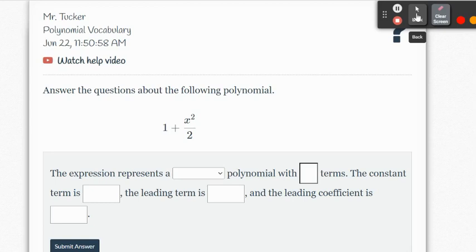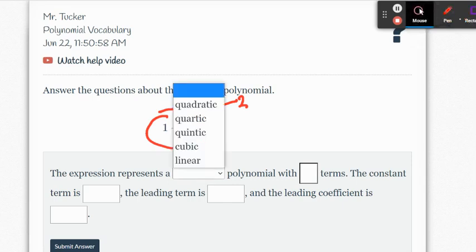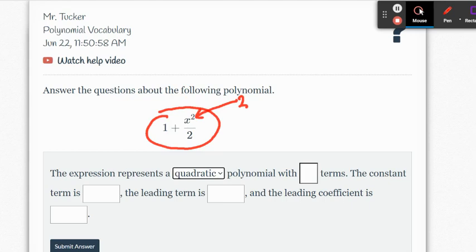All right, on this problem, what we're going to notice is that we have a 1 plus x squared over 2. The over 2 part really throws a lot of my students. So first of all, there are 2 terms, and the highest exponent is the 2 up there. So this is a degree 2. So we name it here a quadratic. Quadratics have degree 2.